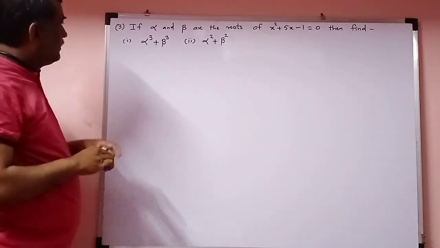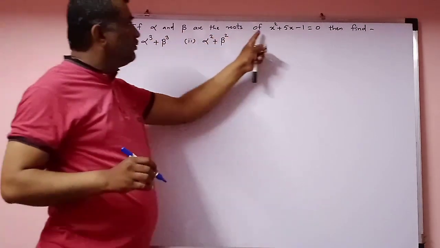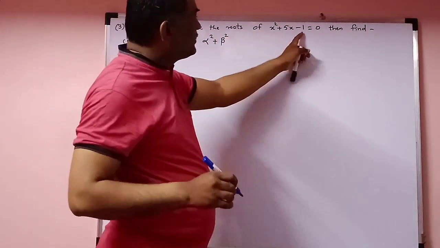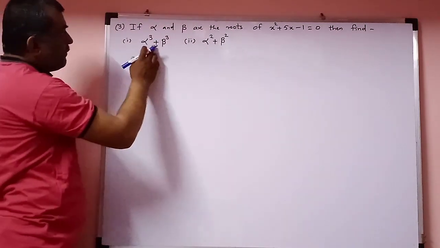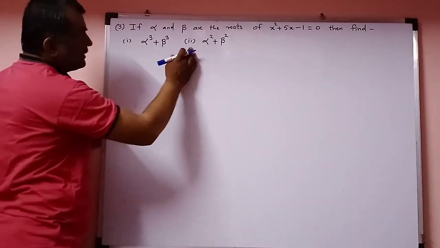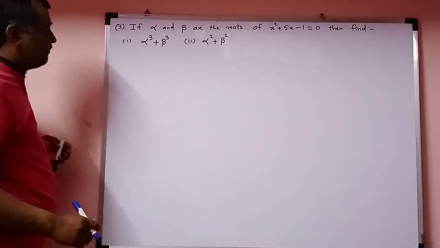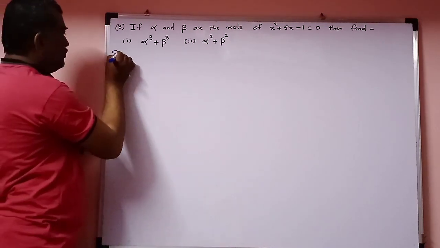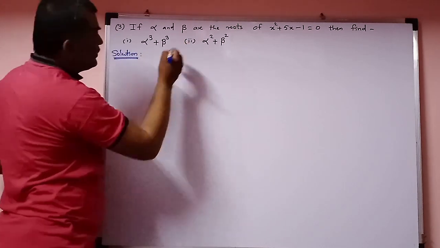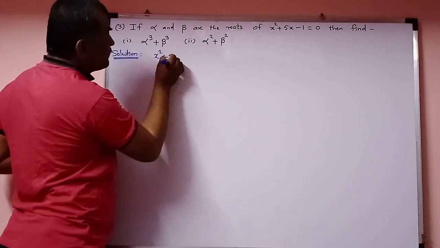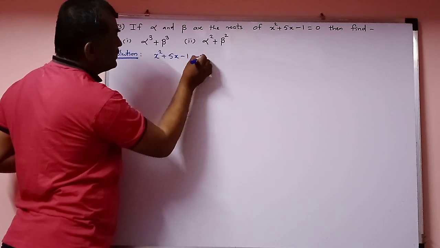Third example, if alpha and beta are the roots of x square plus 5x minus 1 is equal to 0, then find first alpha cube plus beta cube and second alpha square plus beta square. Solution. First write the given quadratic equation, x square plus 5x minus 1 is equal to 0.